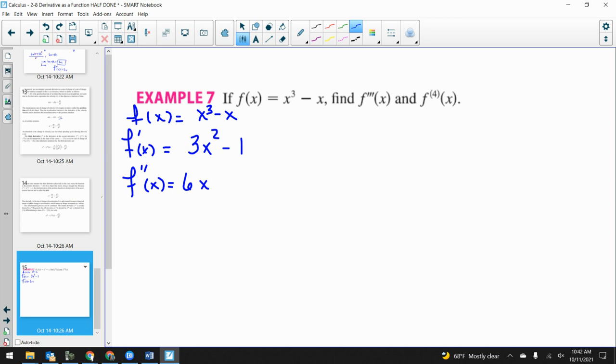What did you say, Kelsey? Take the exponent and stick it on the front. And then what did you do with the exponent? Does that work again? Take the exponent, put it down front. 2 times 3 is... And then what did we do with the exponent? Drop it down 1. So what happened with this one? What was the exponent? 1. Drop it down 1.